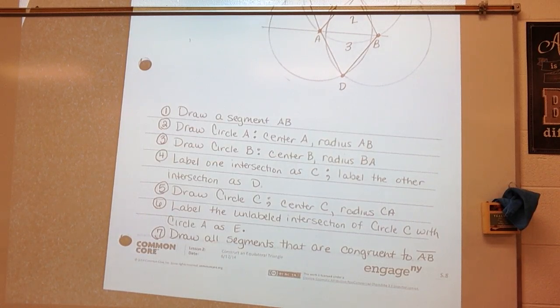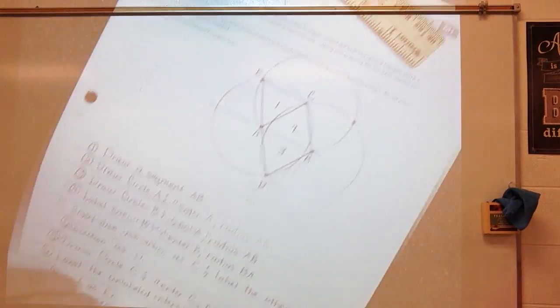That is the 7 steps to creating equilateral triangles. Okay. Guys, you know you can pause the video if you need to go back and catch all of these steps.